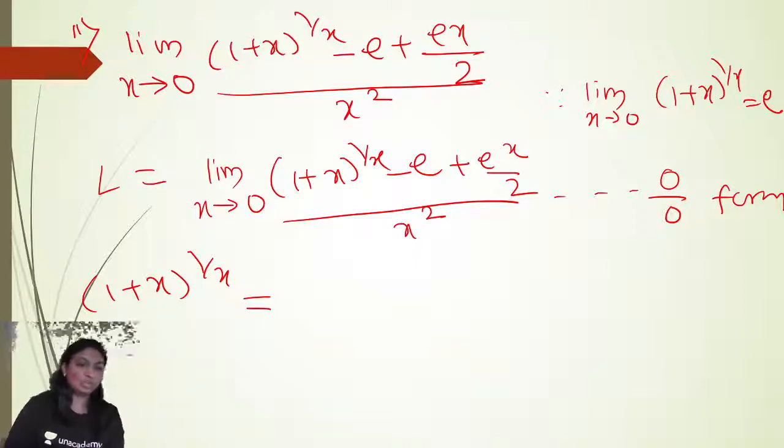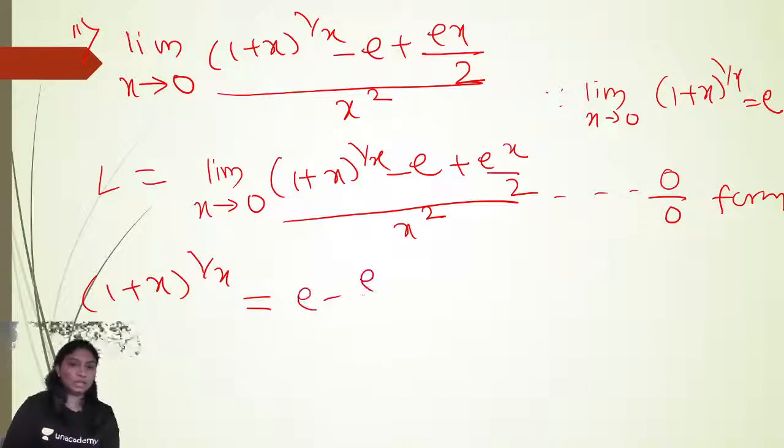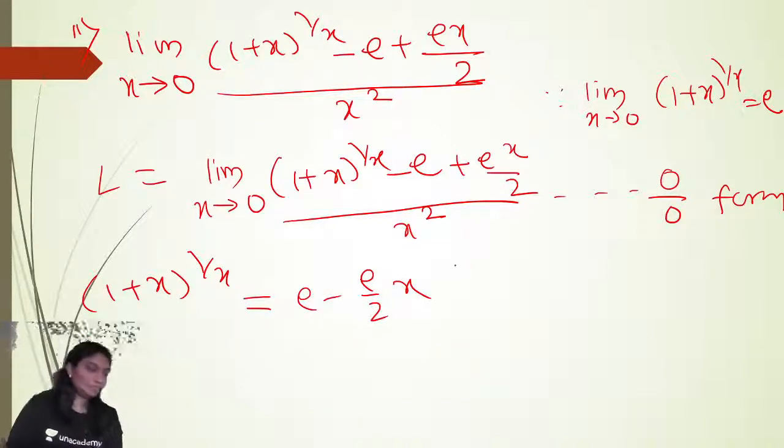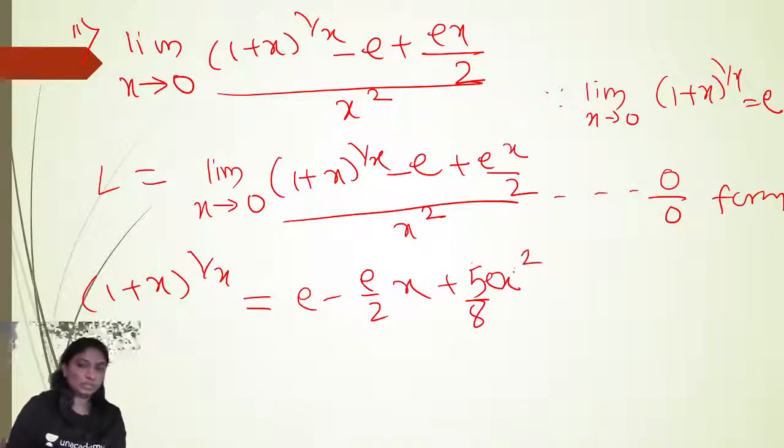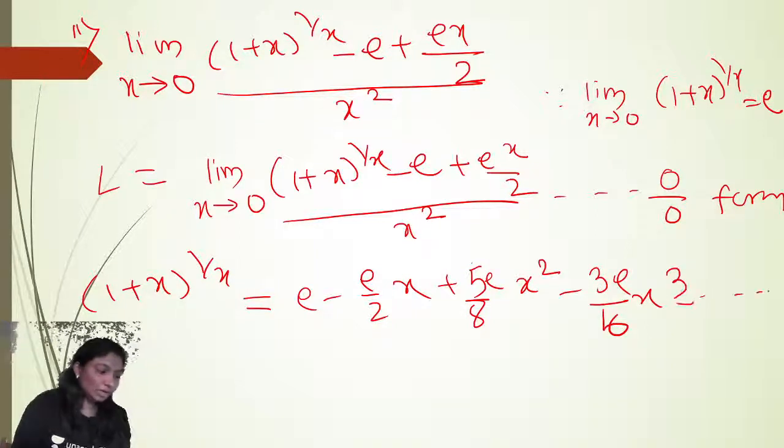So the series expansion of (1 plus x) raised to 1 by x is e minus e by 2 into x plus 11 by 24... plus 5 by 8 into e x square minus 3e by 16 into x cube and so on.